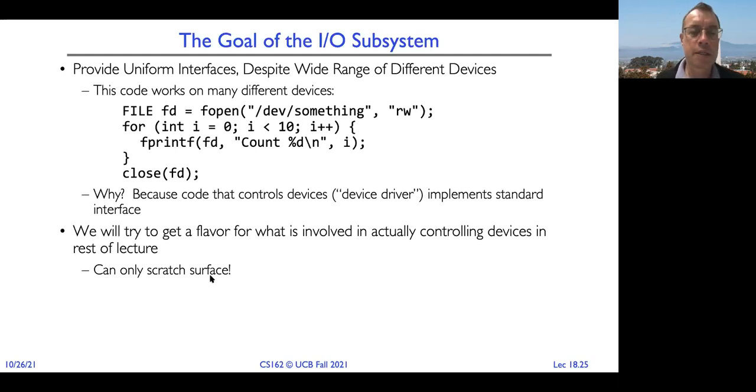For instance, for this code, this switch opens some file and then prints some output. It works on multiple devices. It works on the terminal if the file descriptor is a terminal. It works on the disk if the file descriptor is a file. And it can also work on the printer. The same code.